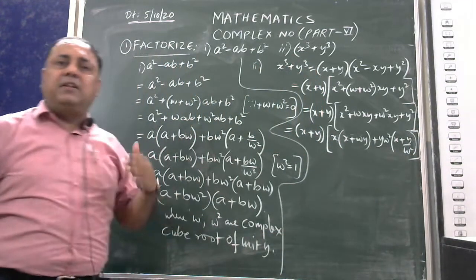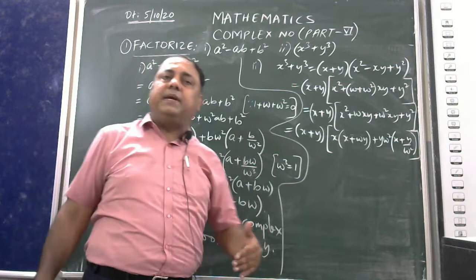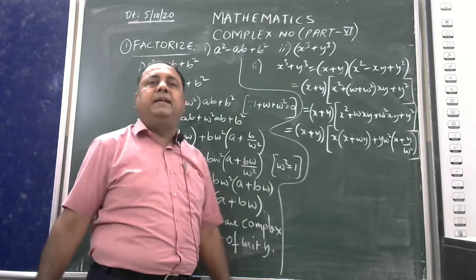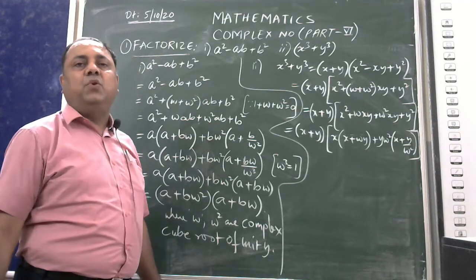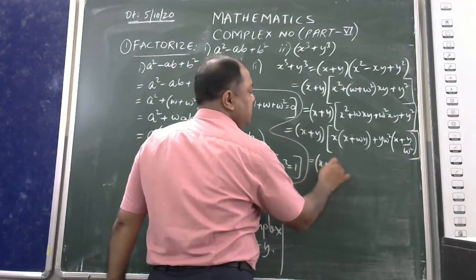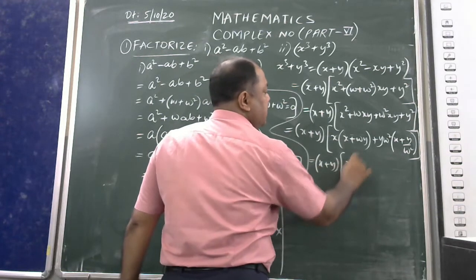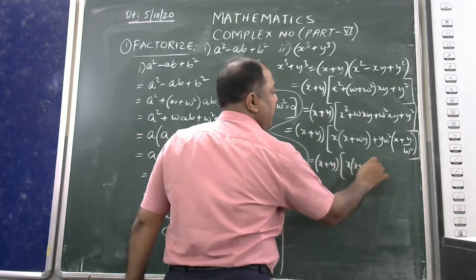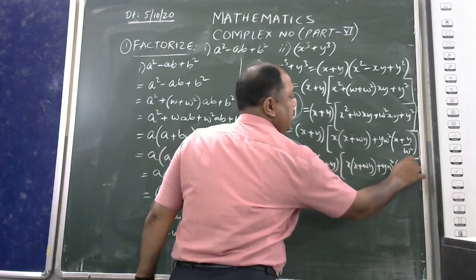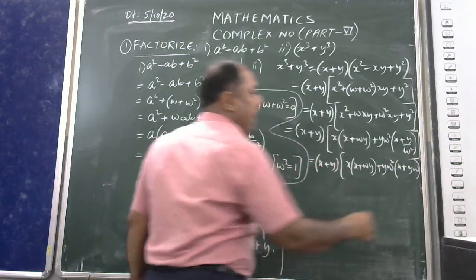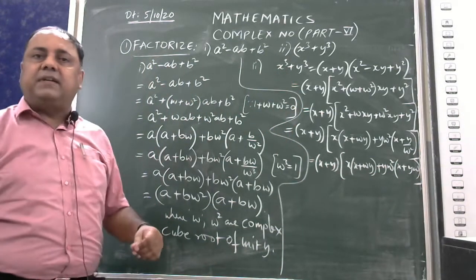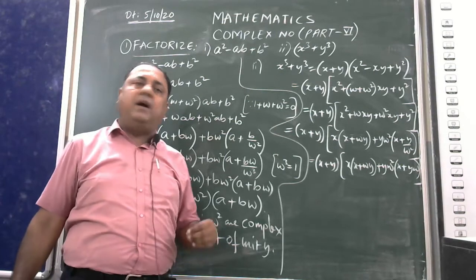I am repeating this so that you get used to it, that wherever there is minus 1, we replace it by omega plus omega square. That is x plus y into x plus omega y plus y omega square into x plus y omega. I am multiplying both numerator and denominator by omega.